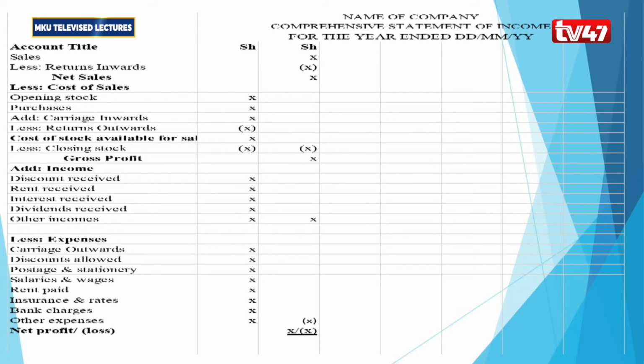If not that, there's the amount that you pay to the relevant authorities, say to the county governments, in form of either rent or rates. Another expense, insurance. Insurance will go hand in hand with plant, property, and equipment.